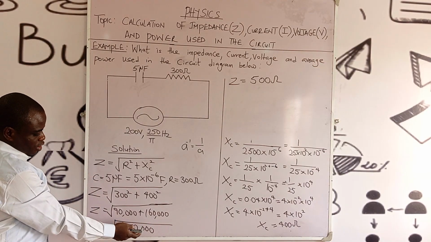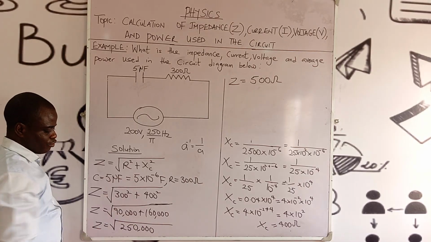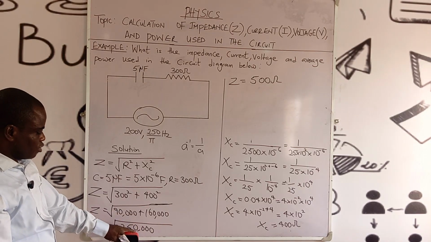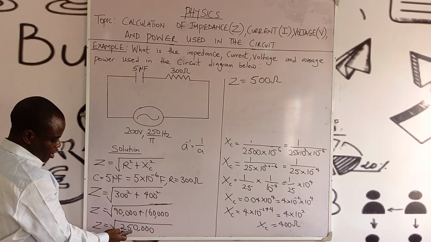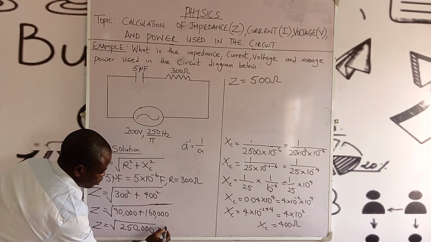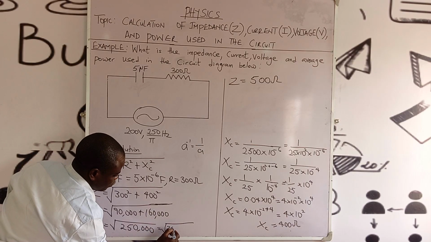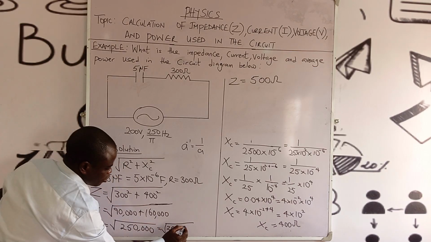When you have 4 zeros, you pick 2 zeros as the square root. What I'm trying to say is that in this case, you can show it in indices and just say it equals the square root of 25 times 10 to the power of, how many zeros? 10 to the power 4.